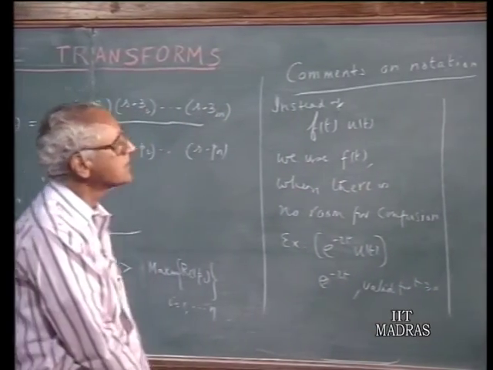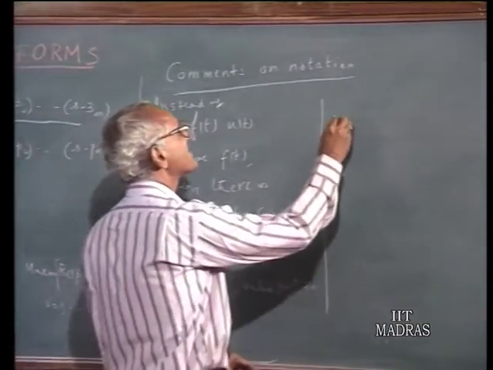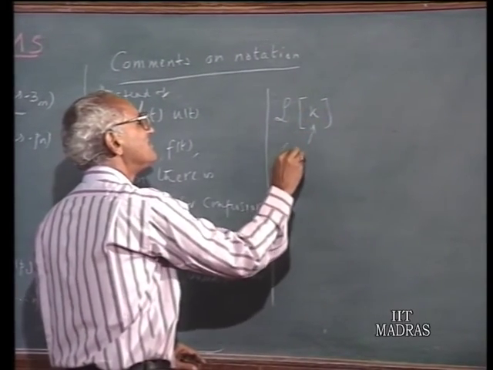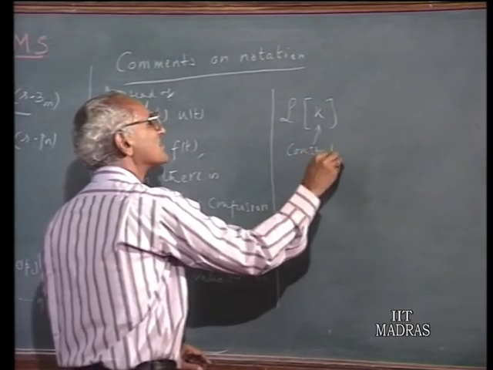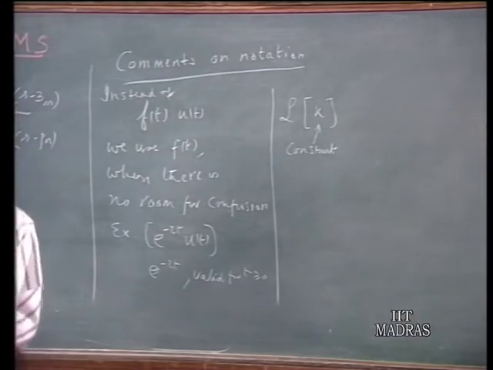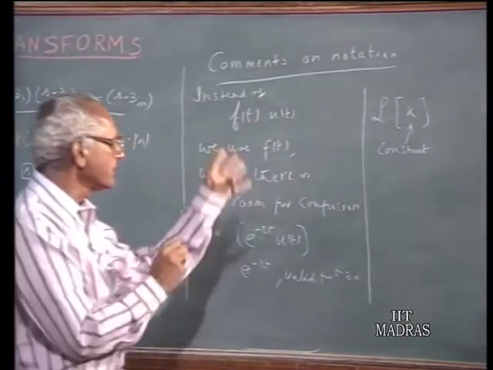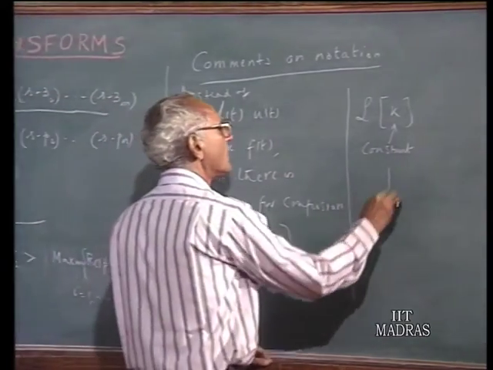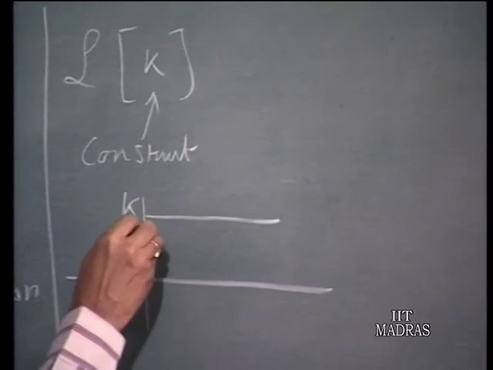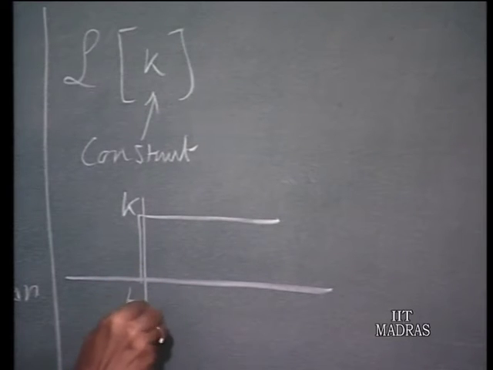Another point: suppose we have the Laplace transform of some constant k. Again, by definition, a constant k exists for all values of time, but in the context of the Laplace transform, we assume that this function has the value k starting from t equals 0 minus, because we can treat only functions which are 0 for negative values of time.